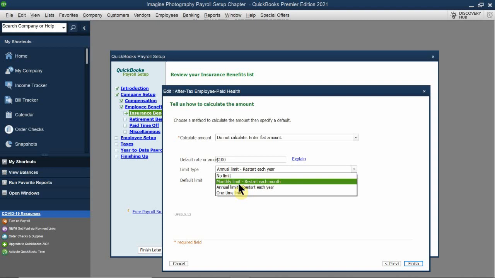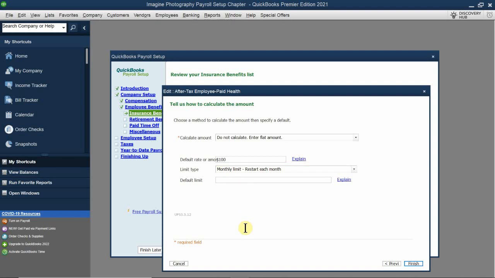It's $100 per month, and the limit is going to restart every single month.